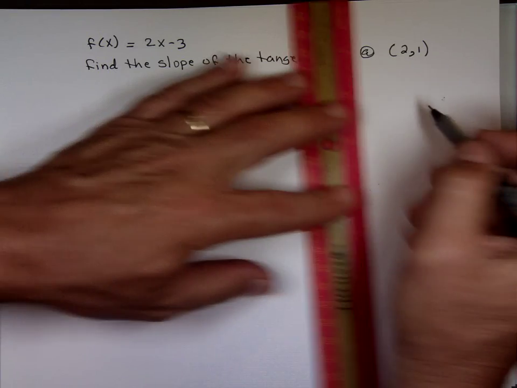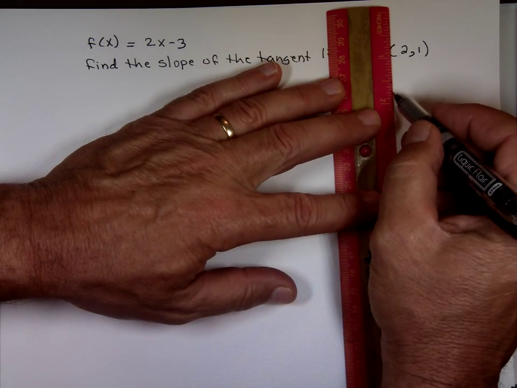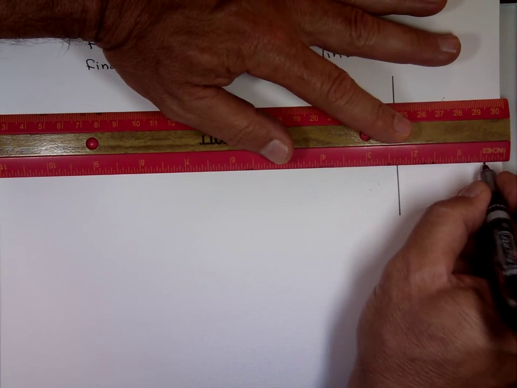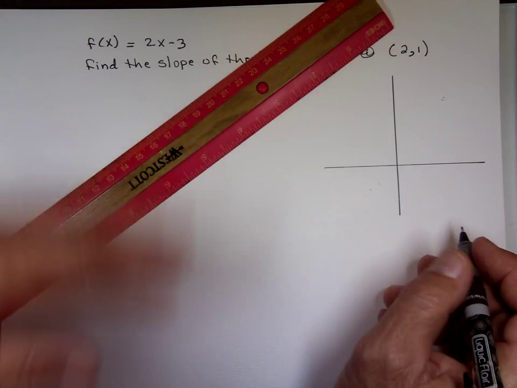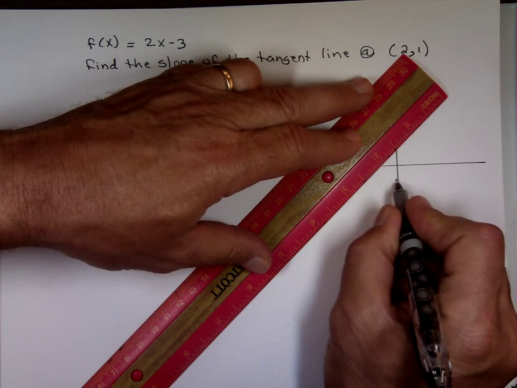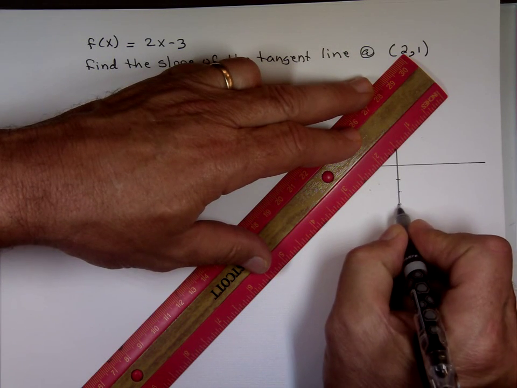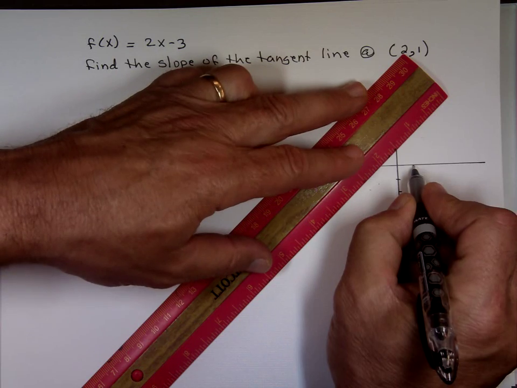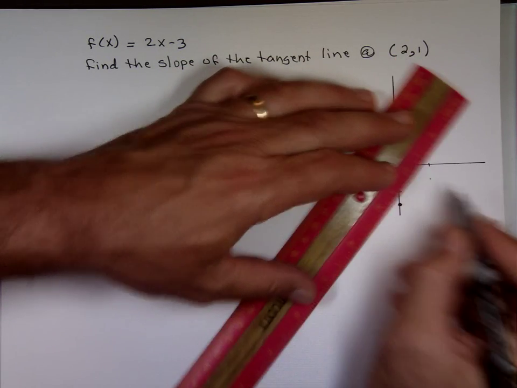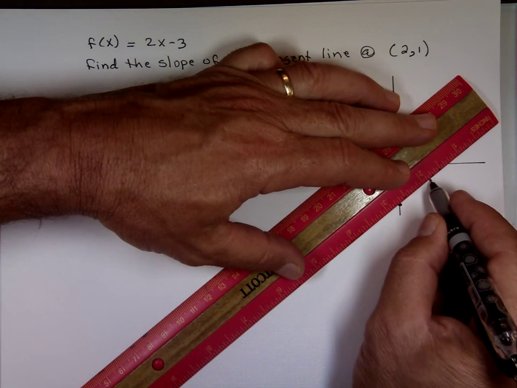In this case, I didn't actually have to do any of the math, any of the work there. Why? Because f of x, that's a straight line, has a y-intercept of negative 3 and a slope of 2. It will look like this if you graph it.